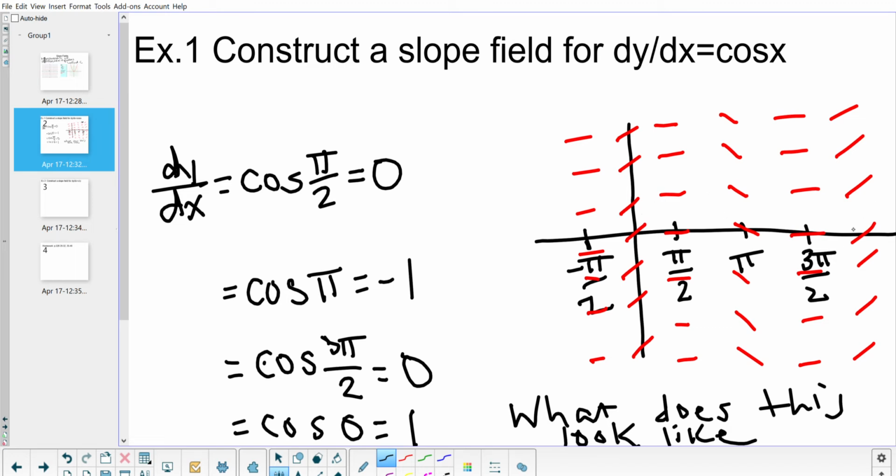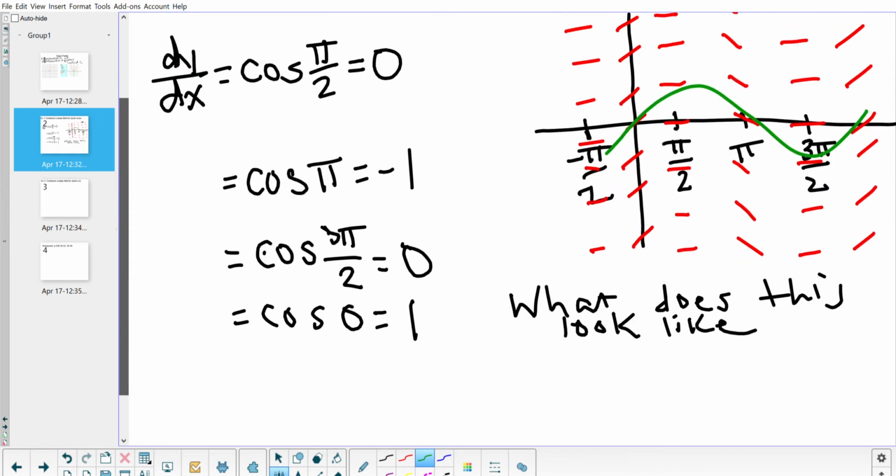Okay, it's a definite trig function, right? At 0, 0, it has a slope of 1. So that hopefully reminds you of sine of x. Yes?